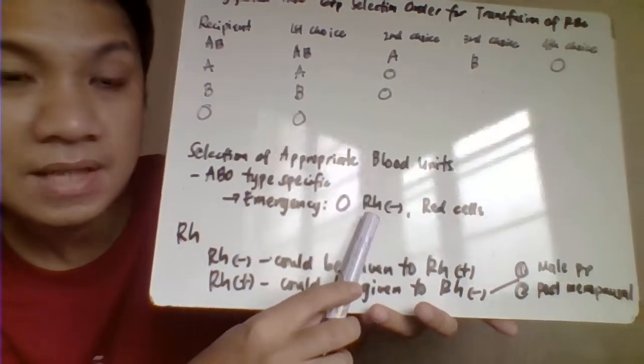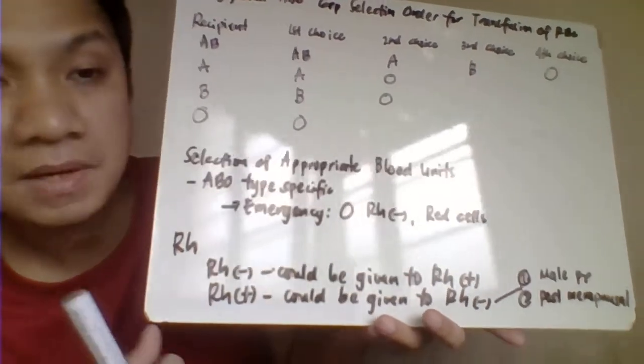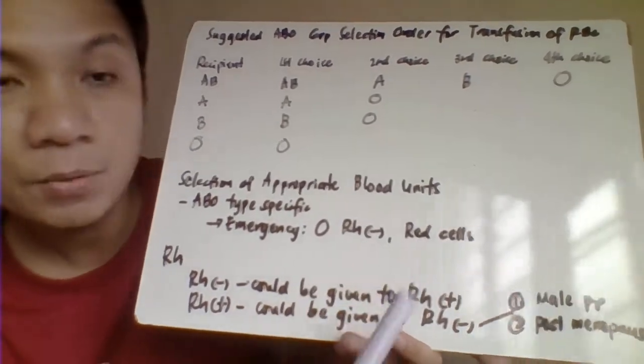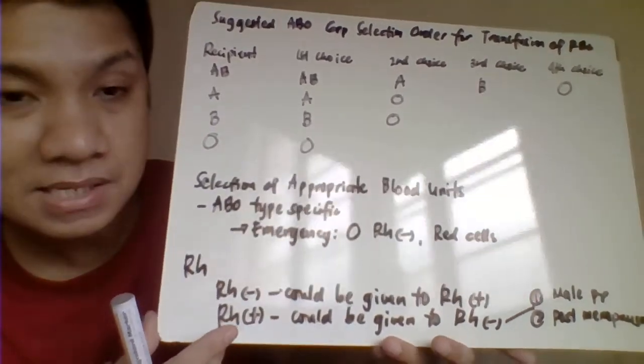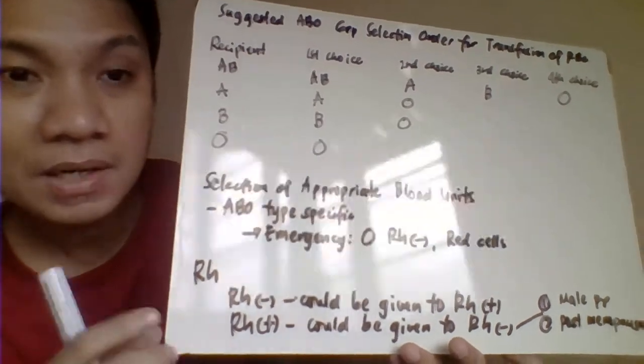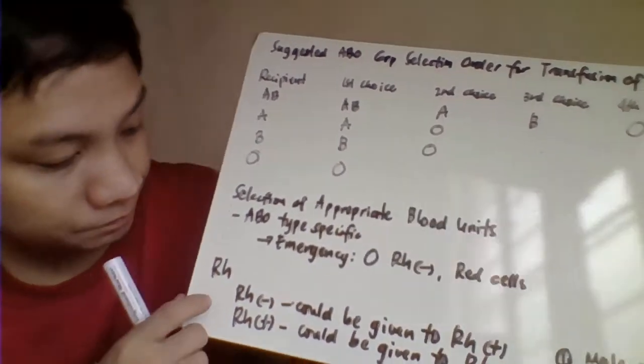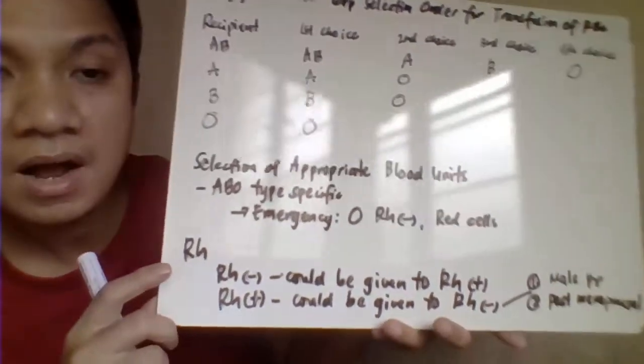It should be Rh negative. So, kahit negative or positive ang ating recipient, wala pa rin magiging effect ito. Another one should be red cell, PRBC, rather than the whole blood, because, of course, red cell would have less volume compared to the whole blood. Another one for the Rh.